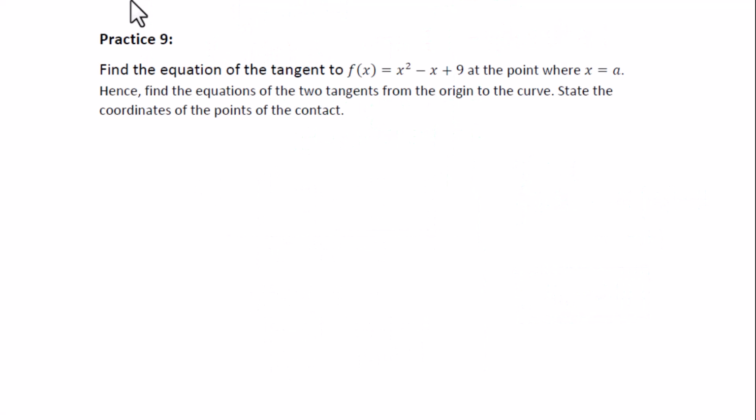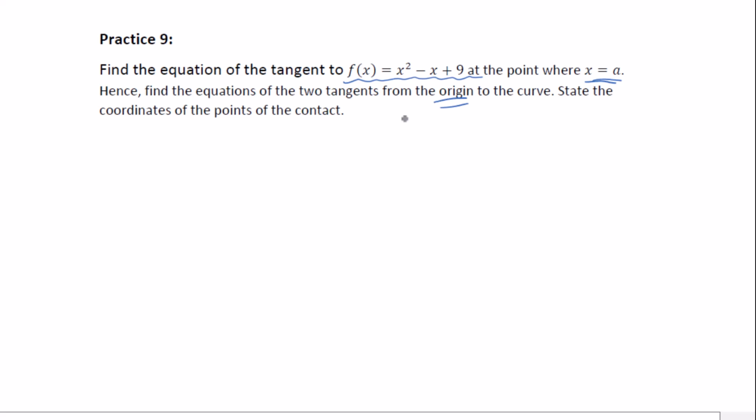Let's go to practice 9. Find the equation of the tangent to f of x equals x squared minus x plus 9 at the point where x equals a. Hence, find the equation of the two tangents from the origin to the curve. State the coordinates of the points of contact. So we have a curve f of x.